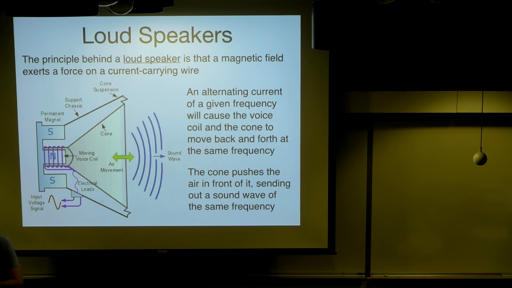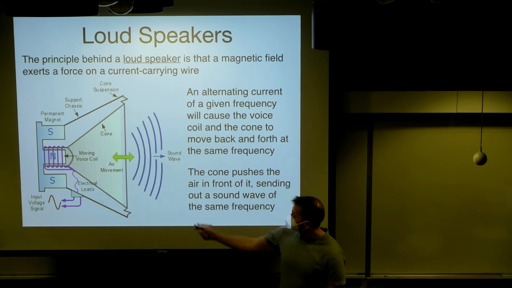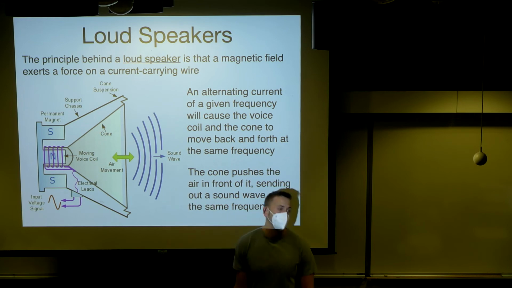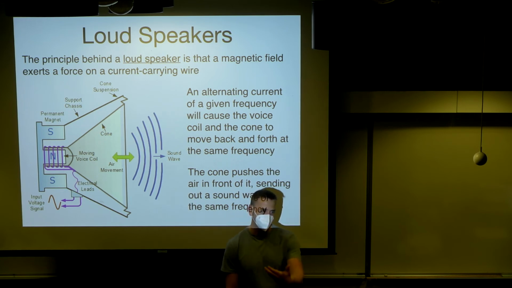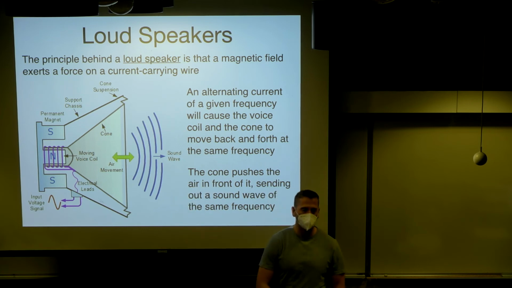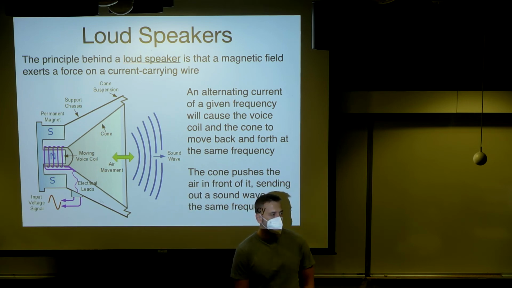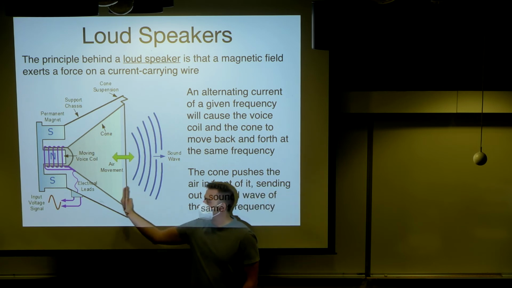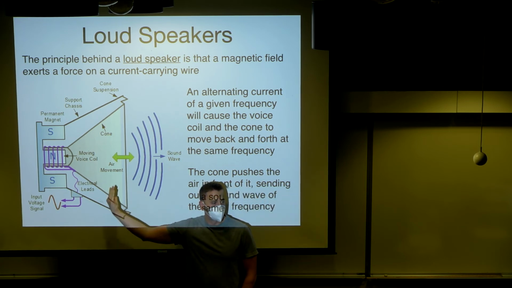So again, if I send a 200 hertz signal into the coil, this is going to start vibrating back and forth at 200 hertz. Now, this coil is connected to something called a cone. You probably have seen these in larger speakers. You can see the cone. It's usually behind some kind of protective mesh, but basically this cone is now going to start moving back and forth at the same frequency as the signal.